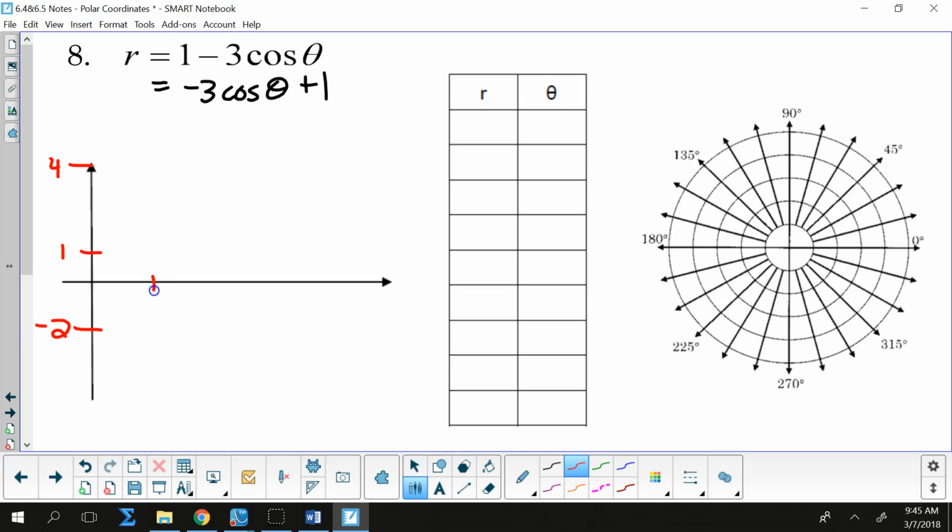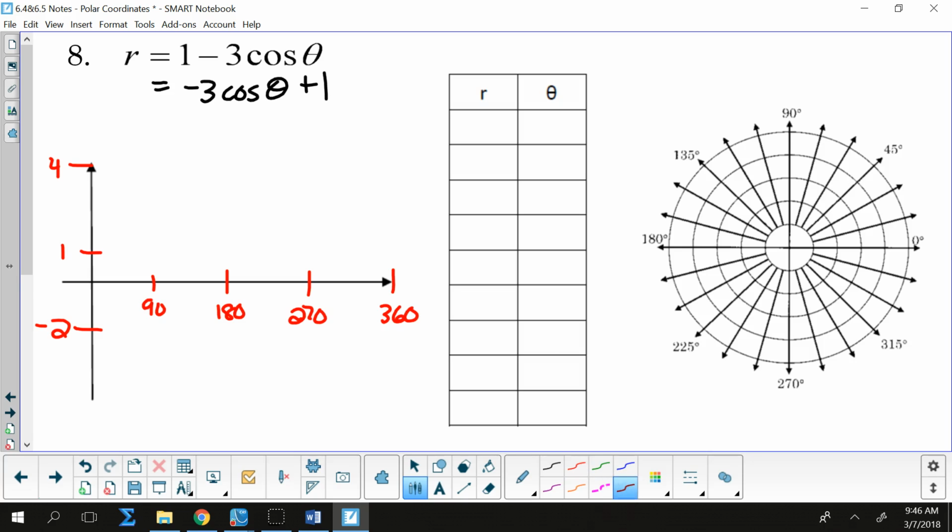Okay. 90, 180, 270, 360. Right? Cosine normally starts high or in the middle? Normally it starts high. Does that negative out in front do anything to it? Starts it at the bottom then, right?